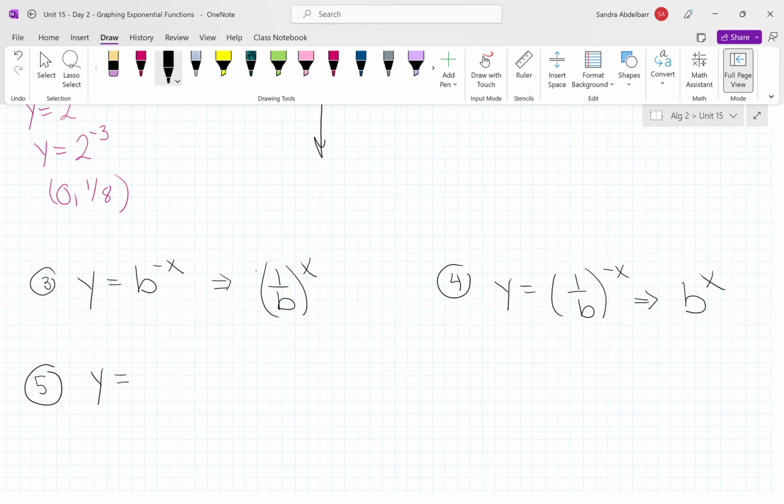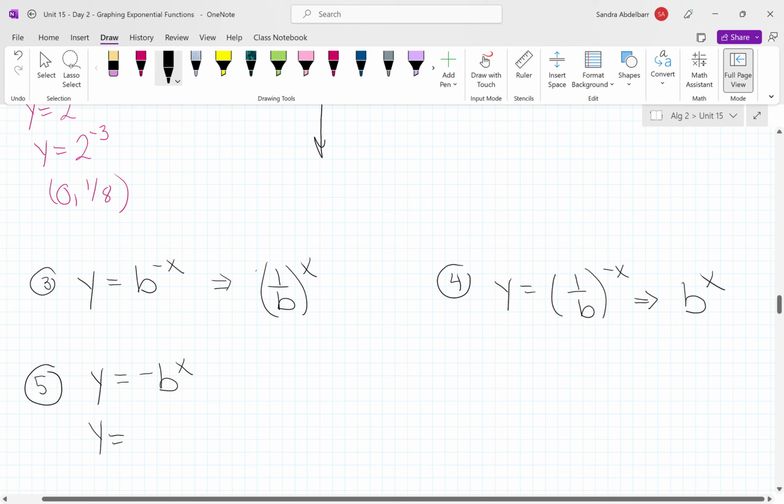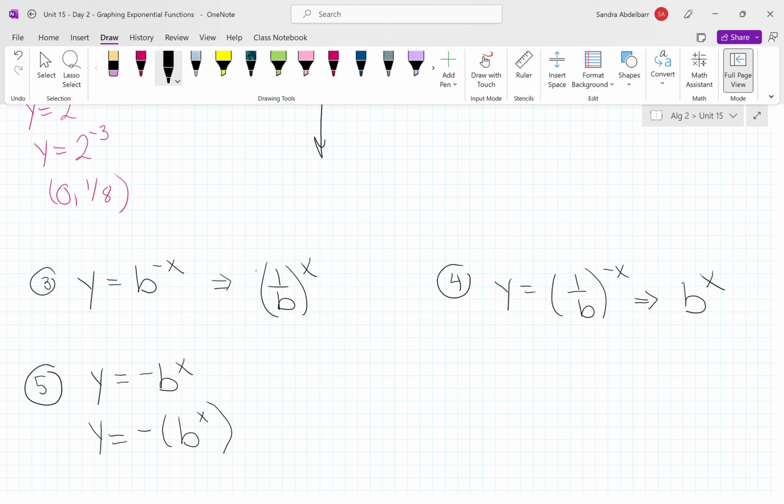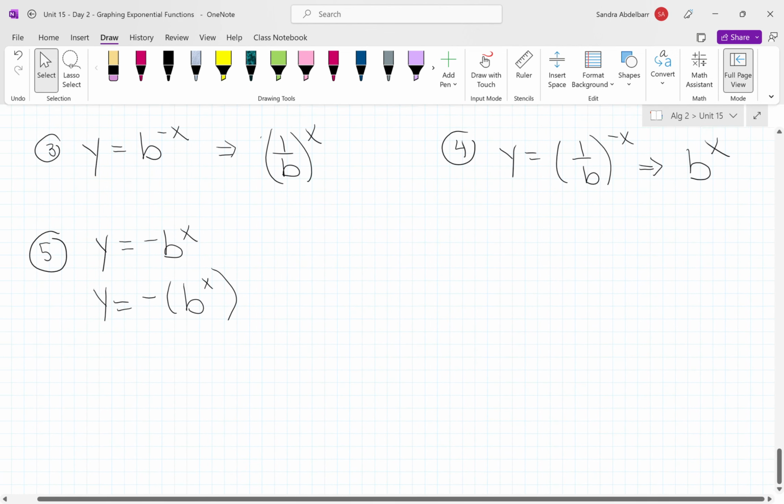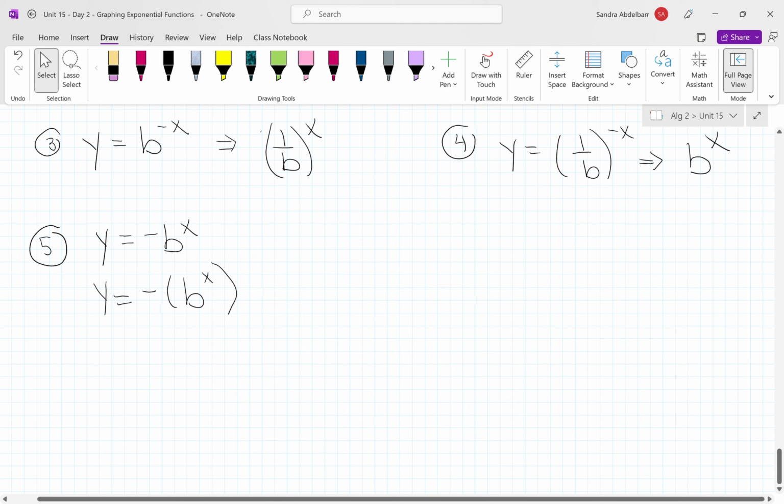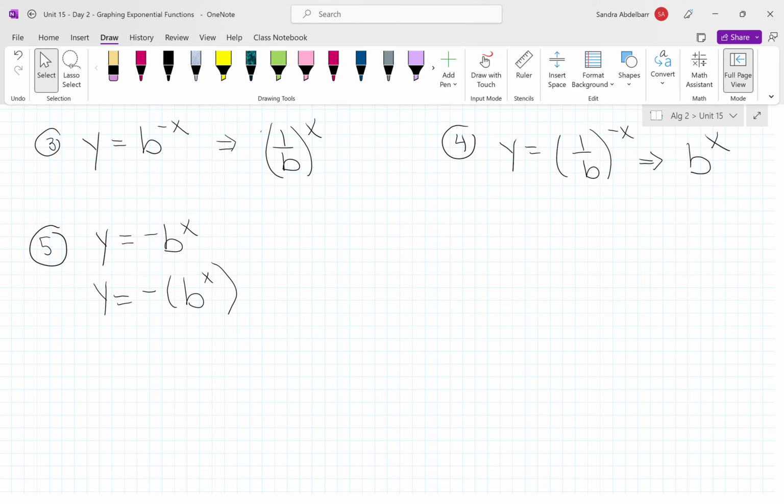And what if I have y equals negative b to the x power and y equals the negation of b to the x power? Are these the same or different, what I just wrote here? This is like Algebra 1, biggest mistake. They're different. You think they're different?